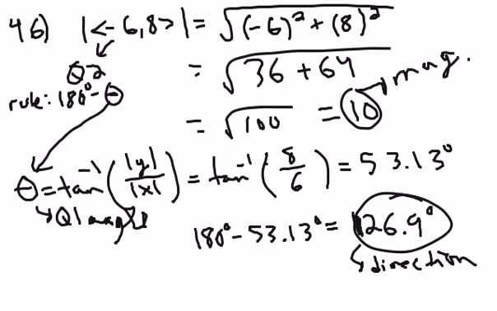Next we're going to look at number 47, which starts to review some of the rules for adding, subtracting, and so on, vectors. Number 47 represents graphically the vector u plus v. They start out by giving us this as u, and v is here.